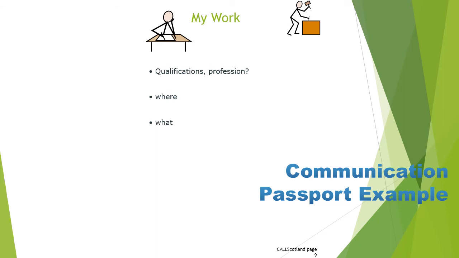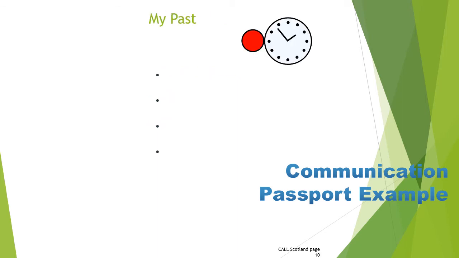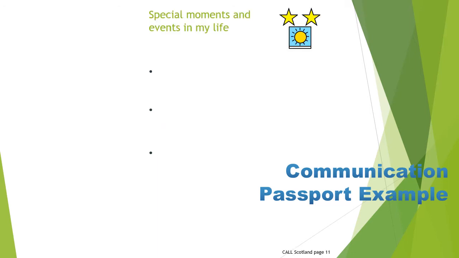This page is about work: where they work, what qualifications, what profession they've had or they do, and what they do in their job. This page is about their past, so you can put information on there about what's happened in the past. Special moments and events in that person's life.